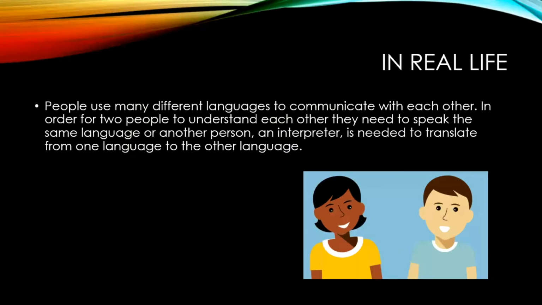In real life, similarly, people use many different languages to communicate with each other. And in order for two people to understand each other, they need to speak the same language, or another person, an interpreter, is needed to translate from one language to the other. Okay?